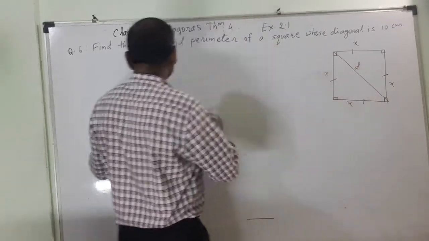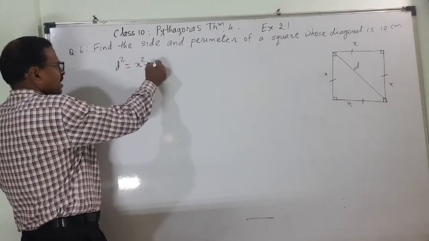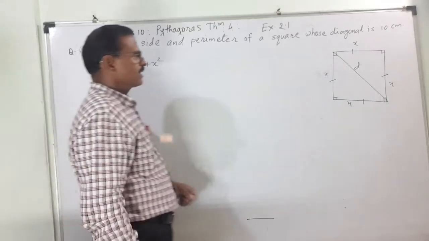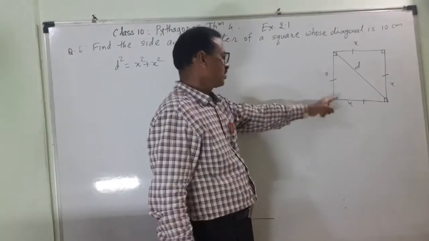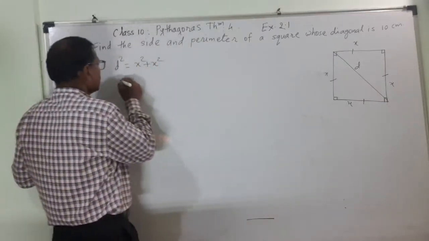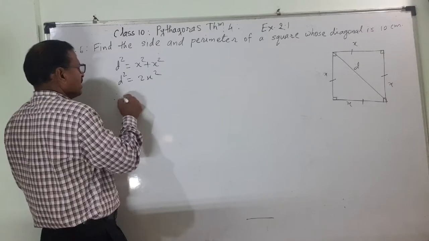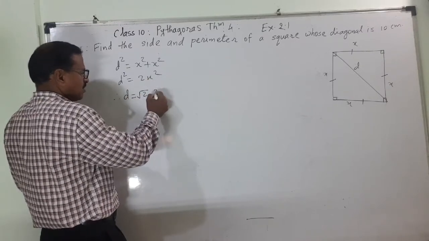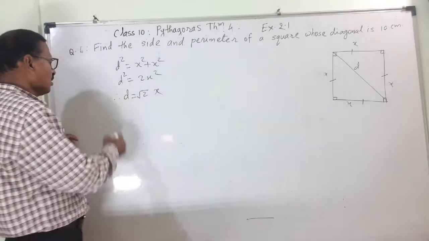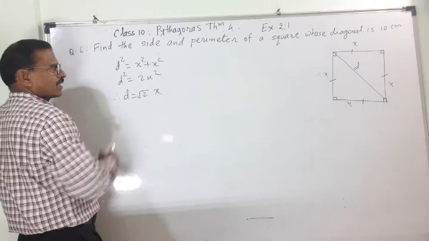So by Pythagoras theorem, d square is equal to x square plus x square. Means diagonal square is equal to side 1 square plus side 2 square, and both the sides are equal. So d square is equal to 2x square. Therefore d is equal to, taking the square root, root 2 times x. So what I come to know is the diagonal is equal to root 2 times the side.